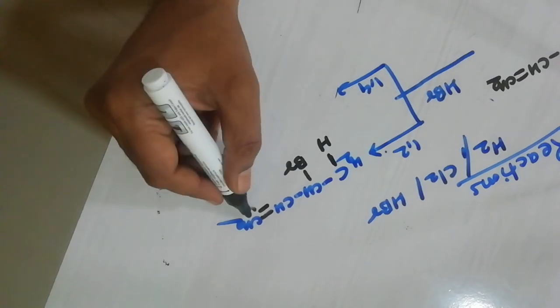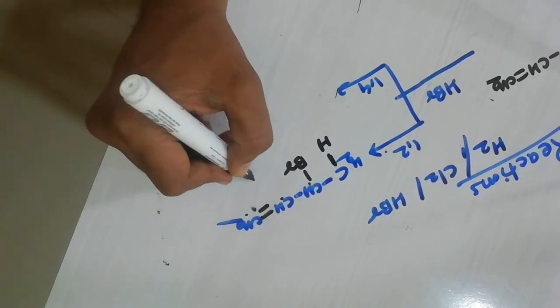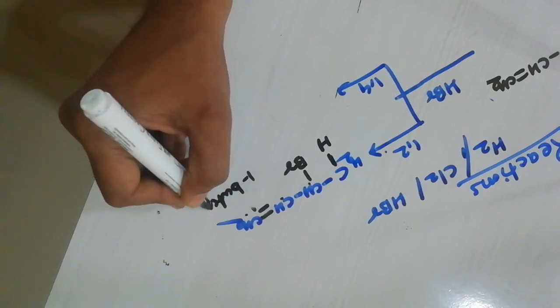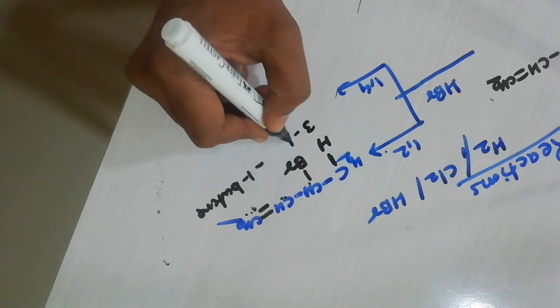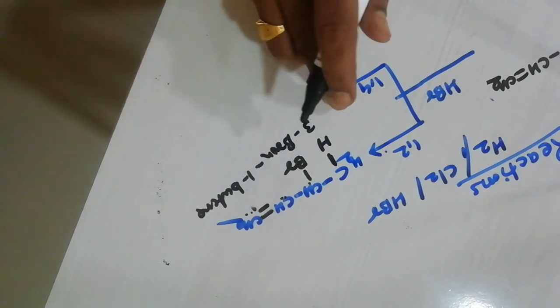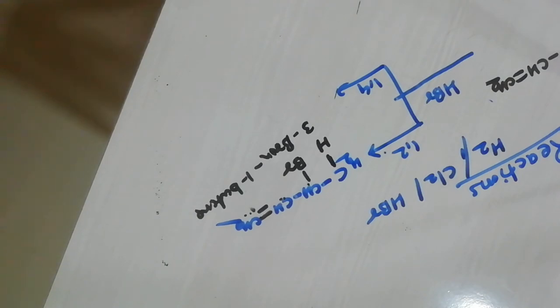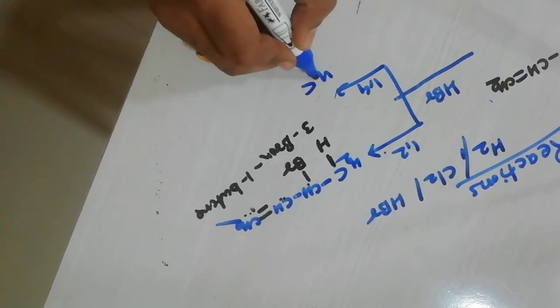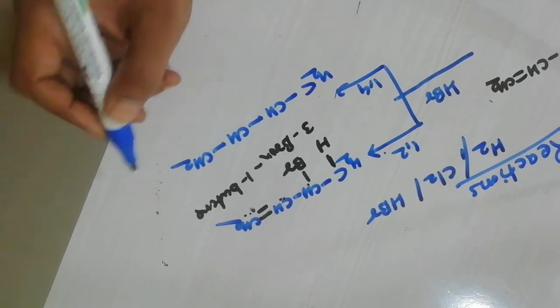So the name of the compound is 1, 2, 3, 4. So it's a 1-butene, right? The parent compound is 1-butene, and where is the substituent? 1, 2, 3. So it is 3-bromo-1-butene.